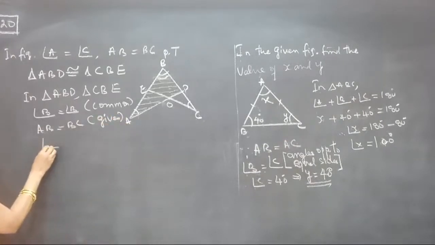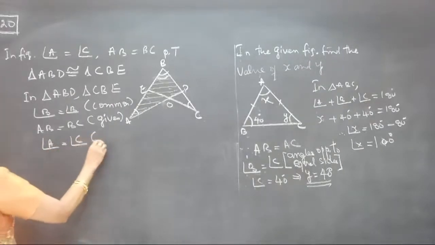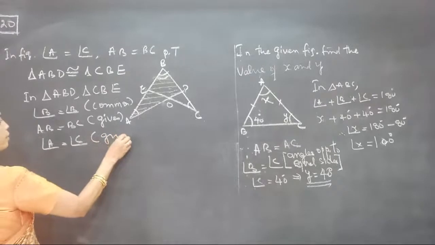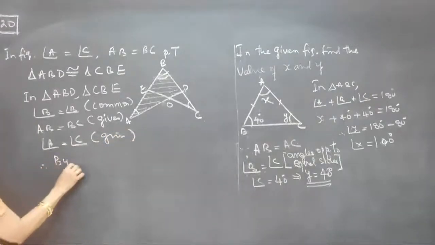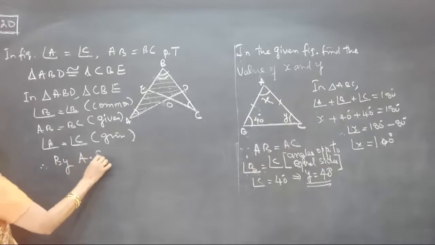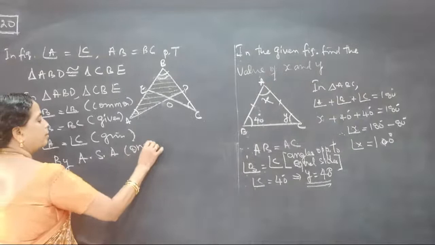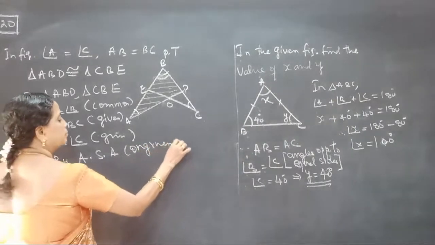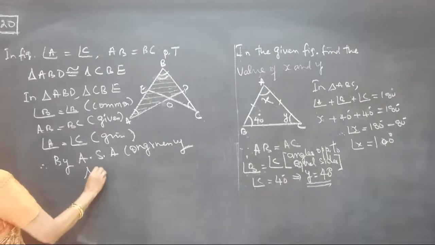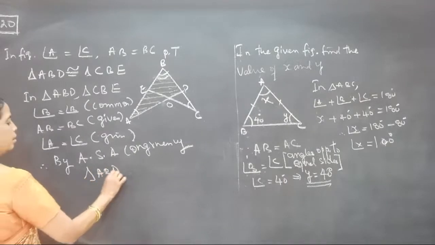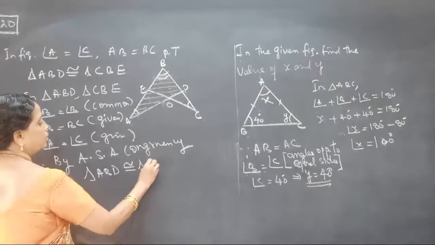Question itself they have given angle A equals angle C, this is also given. Therefore by the angle side angle ASA congruency, triangle ABD is congruent to triangle CBE.